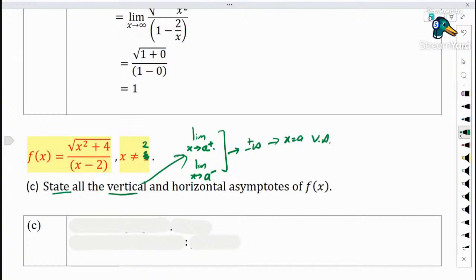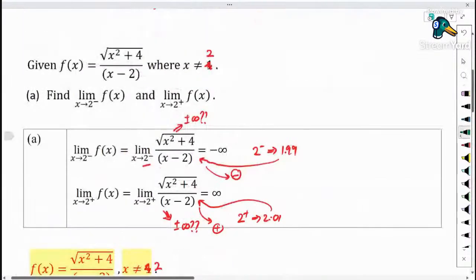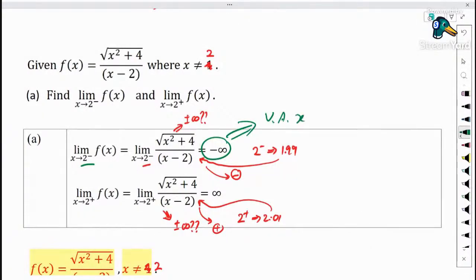And in this question, you find out that the a value is some value that is undefined in the function. And in this question, the undefined value is 2. And I realize that the limit from the left of 2, I get negative infinity. By right, just this one here is good enough to tell that the vertical asymptote is actually x equals to 2.